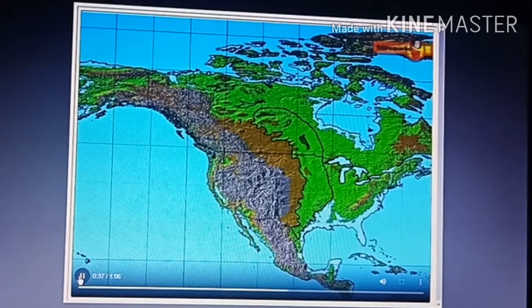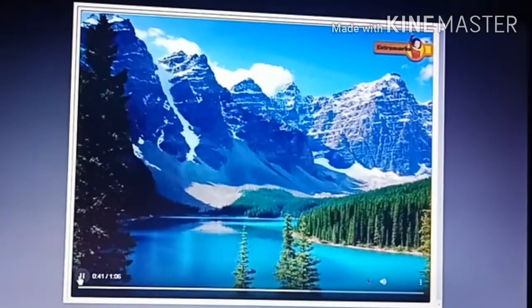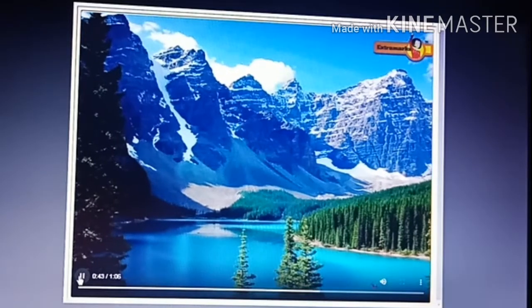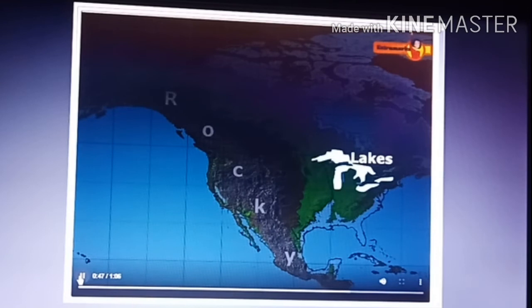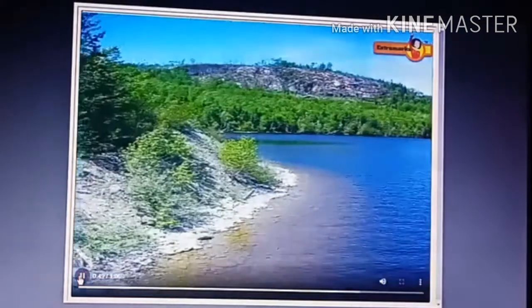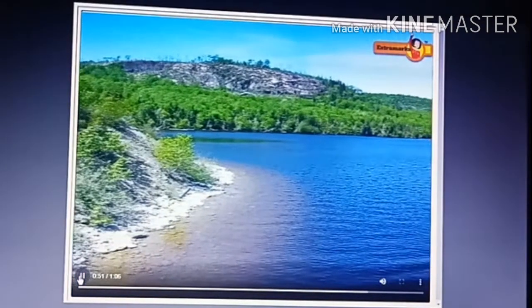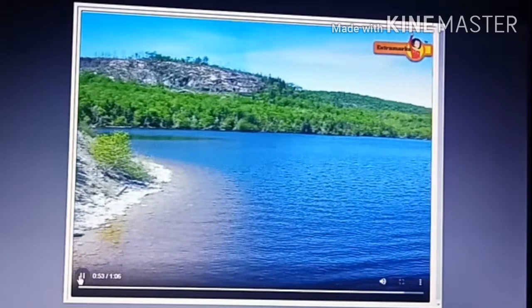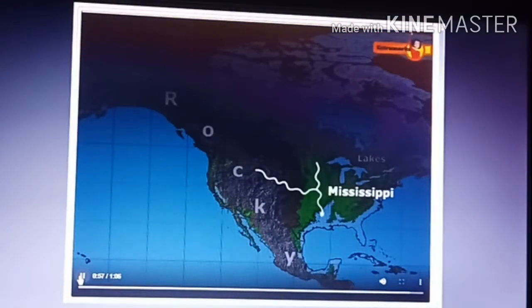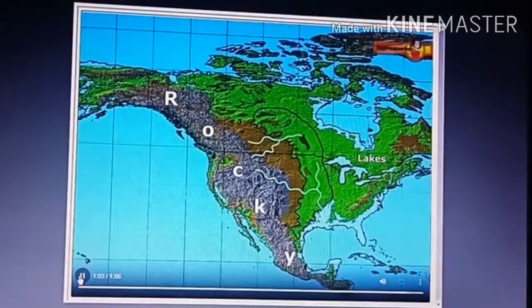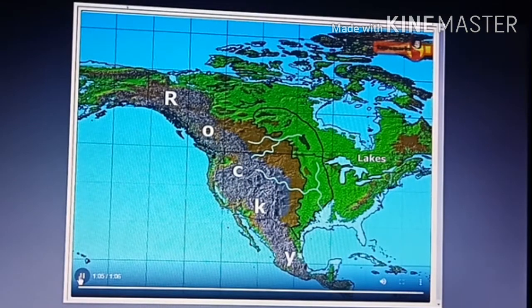The prairies are bound by the Rocky Mountains in the west and the Great Lakes in the east. The area is drained by the tributaries of the Mississippi and Saskatchewan rivers in the USA and Canada respectively.